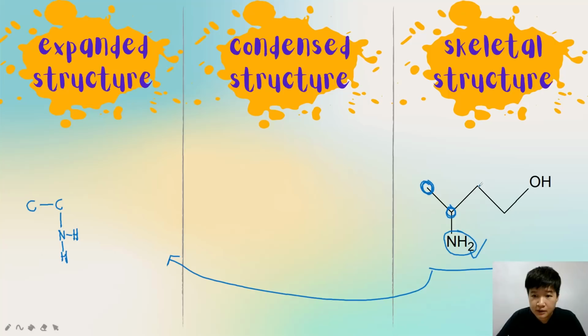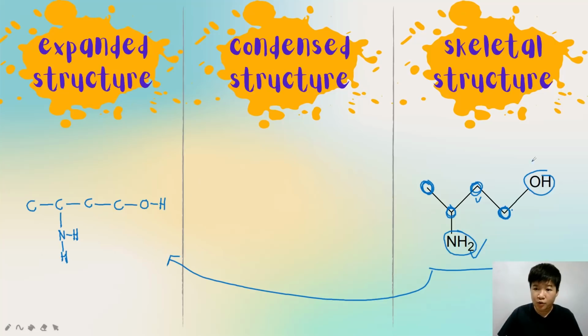The second carbon is also bonded to a carbon. See that? Alright, that is my third carbon. Done. The third carbon is also bonded to a carbon. Alright? And the last carbon just now, this last carbon, is bonded to OH.